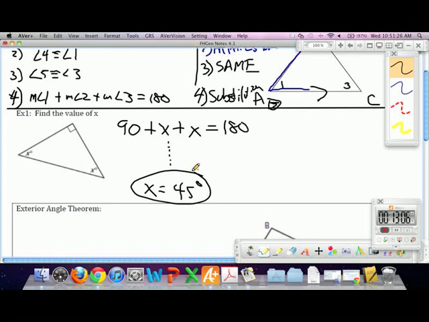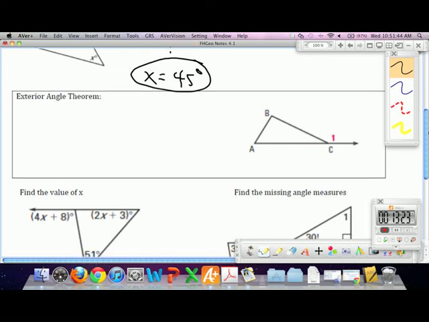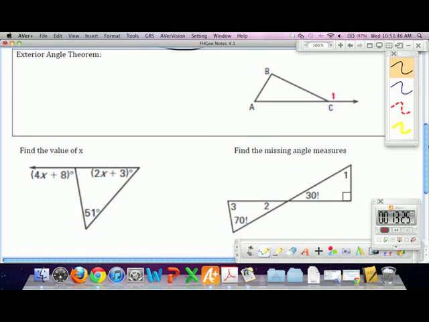The last idea for today is something that's really non-intuitive. It's common sense, but it's nonetheless very important, which is a relationship amongst the exterior angles. The exterior angle theorem says the following, and angle 1 here is clearly an exterior angle.